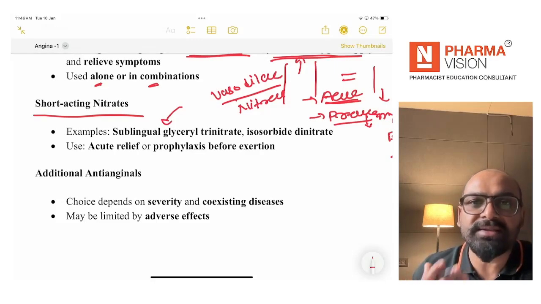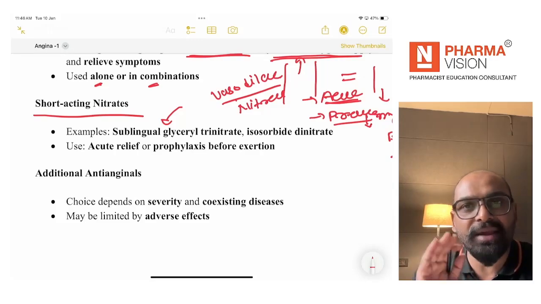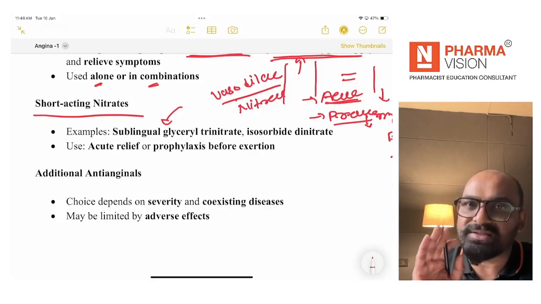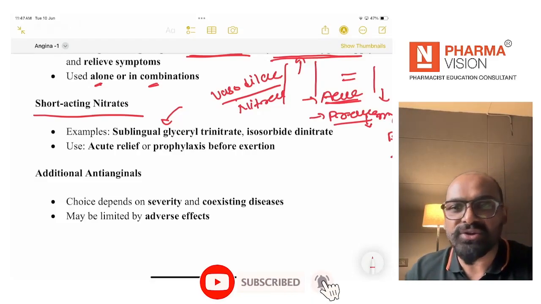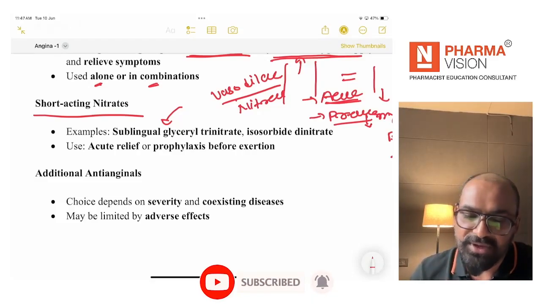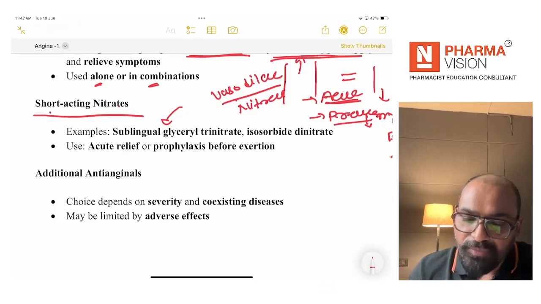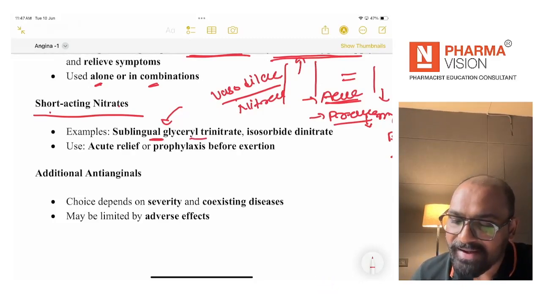The patient is suffering from the problem at this point of time and is developing the symptoms, so we have to start giving the medication, and this medication immediately relieves the symptoms. So short-acting nitrates: sublingual glyceryl trinitrate and isosorbide dinitrate.